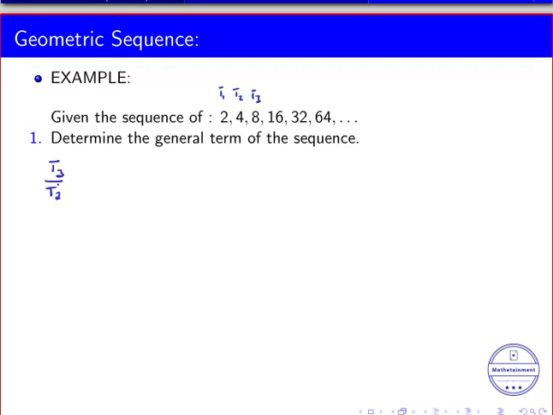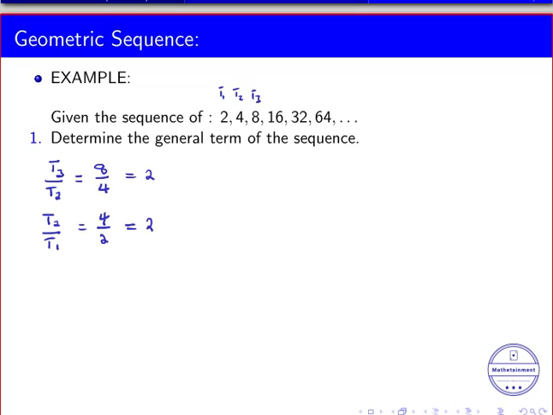I will start by finding these ratios independently. So here, my term number 3 is 8 and my term number 2 is 4. I get the value of 2. Okay, let me now move to my term number 2 over my term number 1. So my term number 2 is 4 over 2.